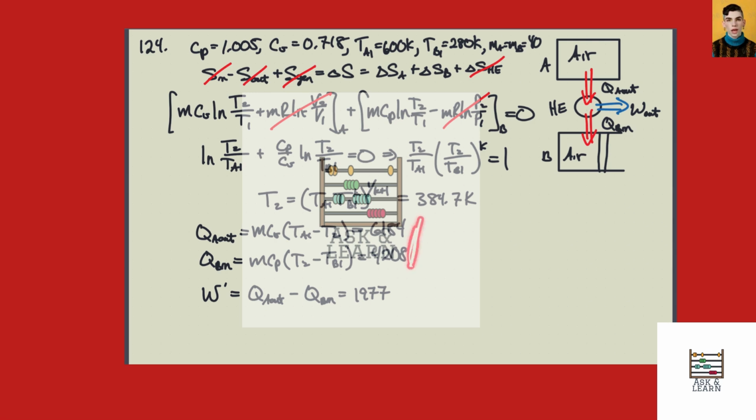The difference is the work that came out in the ideal case, close to 2,000 kilojoules. That is the maximum work we could get out of these two containers initially at these conditions. We assumed constant heat capacity, which is an approximation. If we had not, there'd be more math involved.